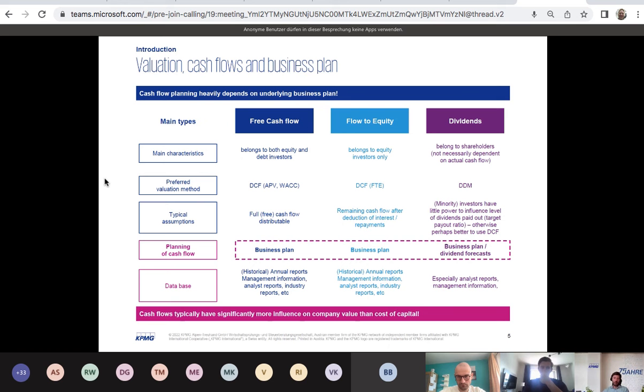So cost of capital are very important, but if you think about, for example, you have cost of capital of 8% or 10%, it has an impact. But if you have cash flows of 100 or of 50, then cash flows just have a much higher impact on the company value.